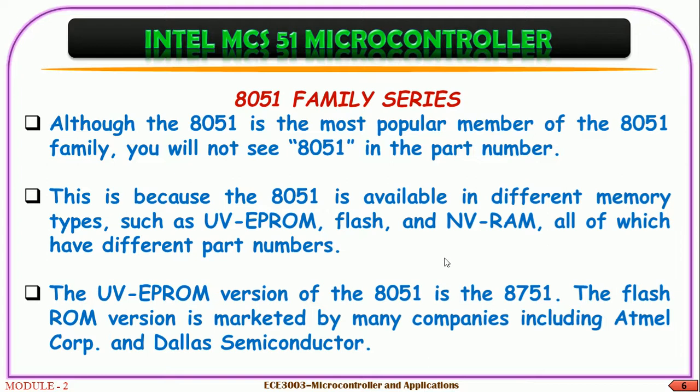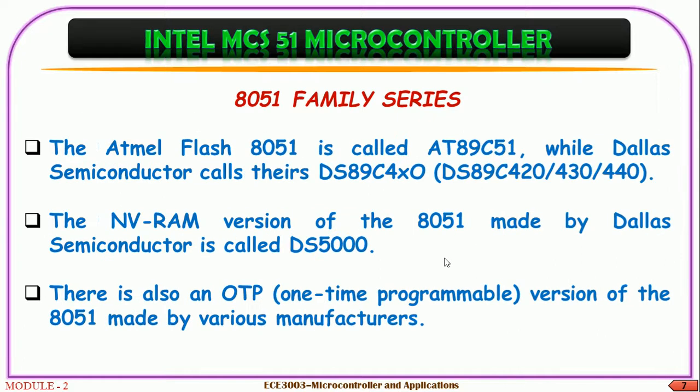The 8051 is available in different memory types such as UV EPROM, EEPROM, flash and NVRAM, all of which have different part numbers. The UV EPROM version of the 8051 is 8751. The flash ROM version is marketed by many companies including Atmel Corporation and Dallas Semiconductor.